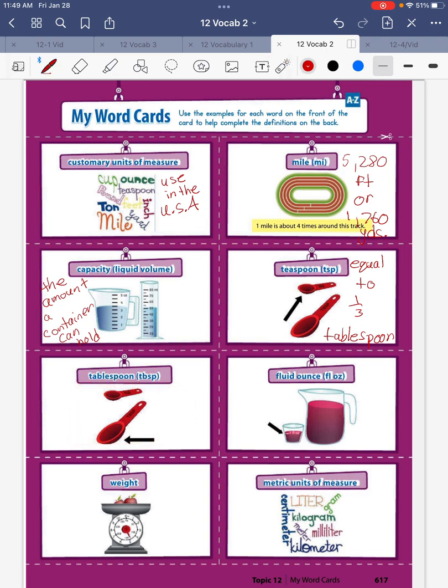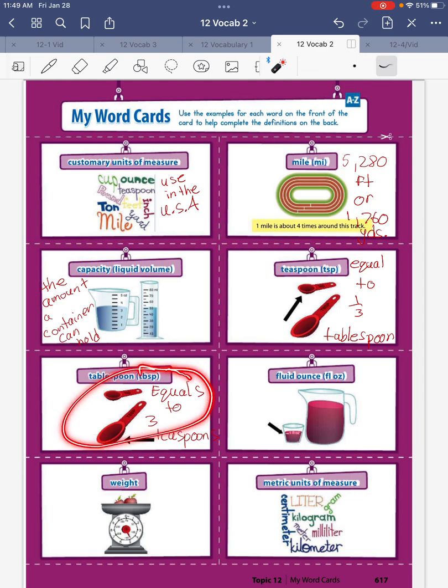A tablespoon equals 3 teaspoons. So all it's saying is this tablespoon equals 3 teaspoons. So 3 of these equal a tablespoon.